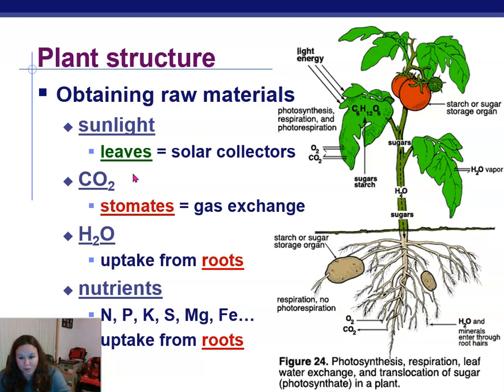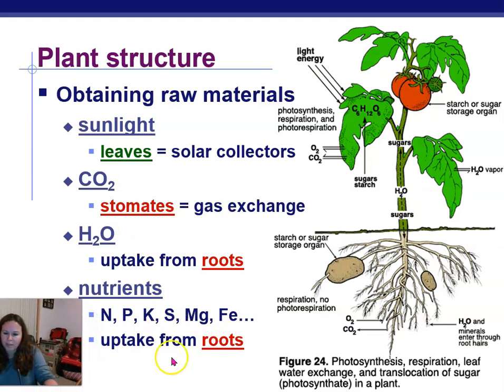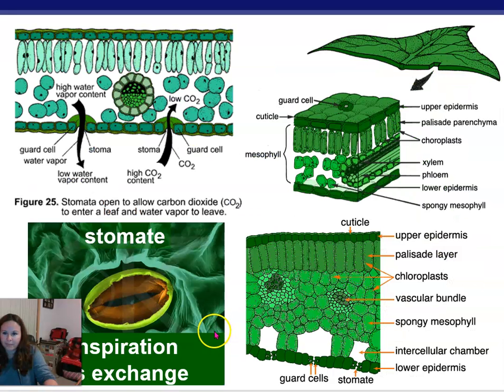Because of the concentration in the roots, water will move by osmosis from the soil into the roots. Water potential, right? We've talked about that before this year. And then we need these other different atoms and minerals that we'll use.